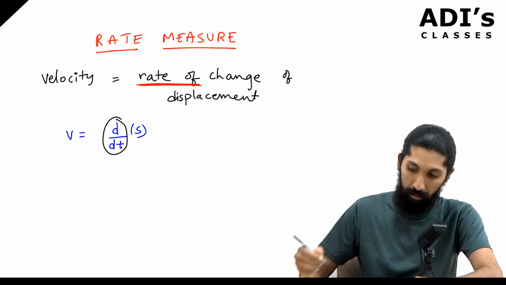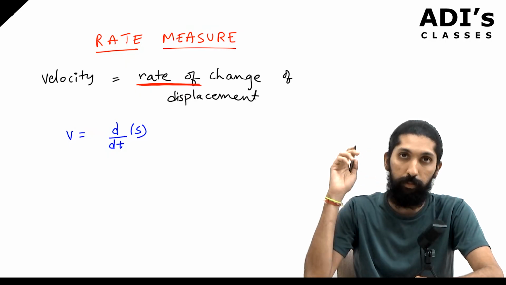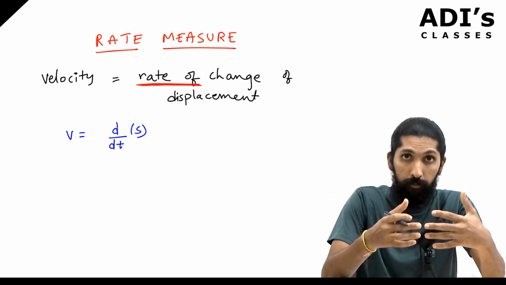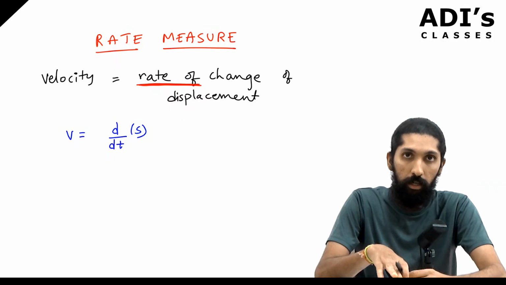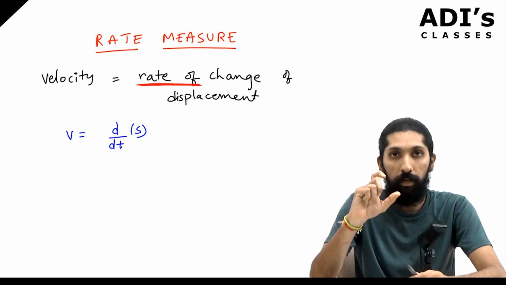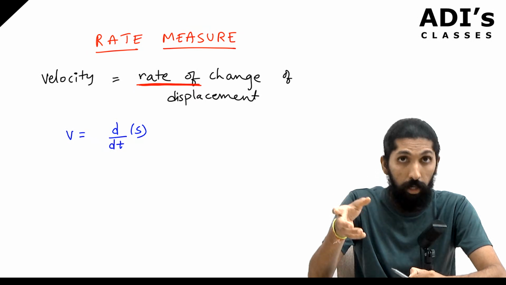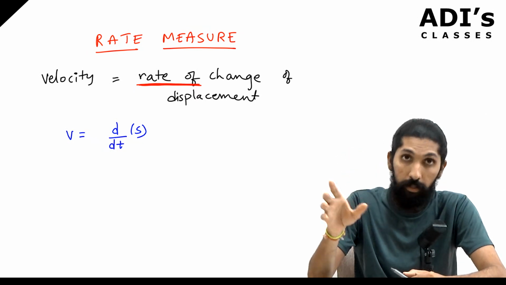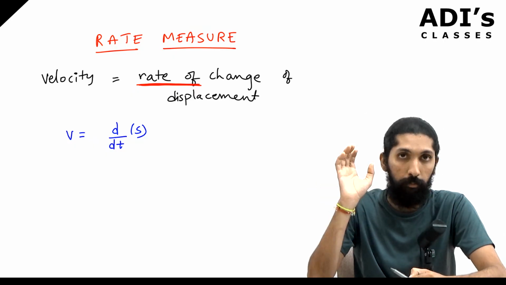So d by dt of s, that's basically the rate of change of displacement. So we can use the derivative, or the concept of differentiation, in understanding how a particular parameter is changing. Okay, so when I say change, the change can be in any particular magnitude, any particular direction. It can be in any format.